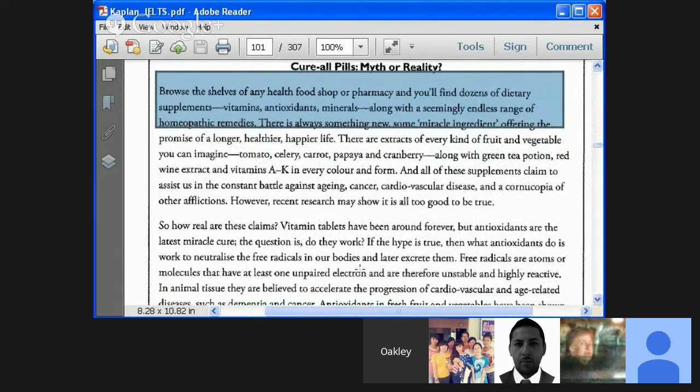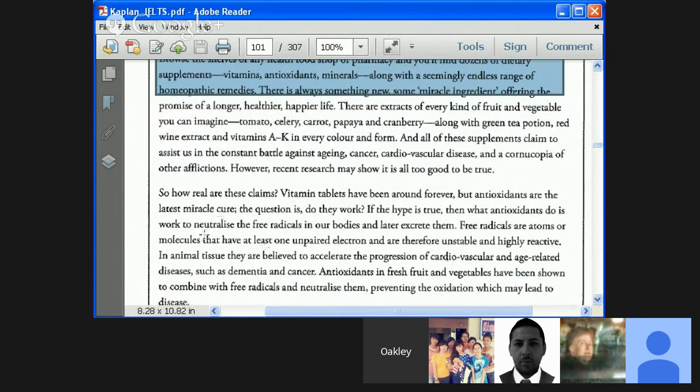I just see radical. Oh yeah, I see radical in the second paragraph, line 3. Yep, you're right. Very good. Nice find. Honing your skills at scanning is very, very useful for these exams.